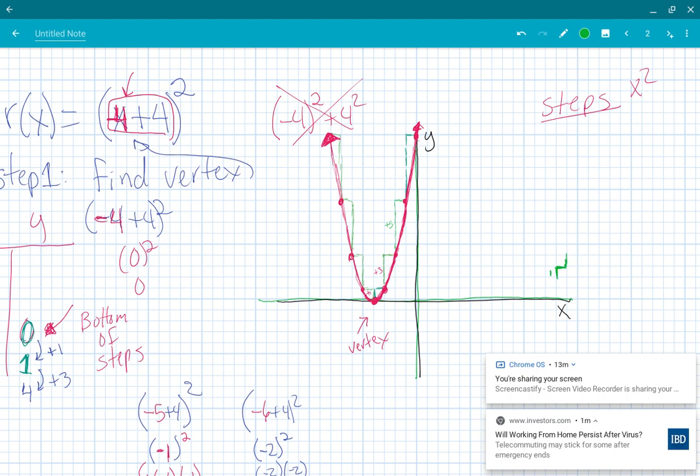I'm just doing it like a little reminder, right? Then up 3. Then up 1, 2, 3, 4, 5. And then up 7. And then forever. Do you guys agree? It just keeps going on and on and on. Okay. Steps get larger.